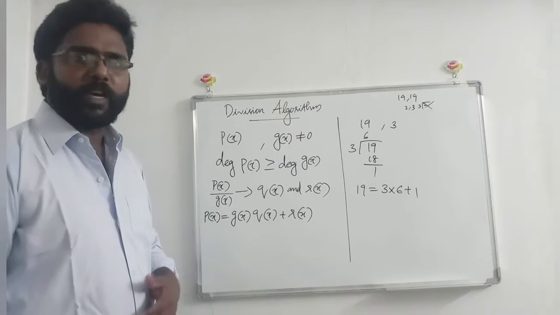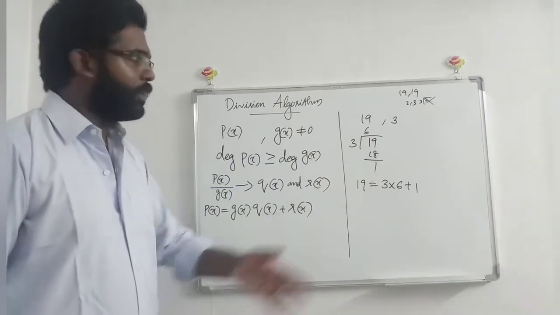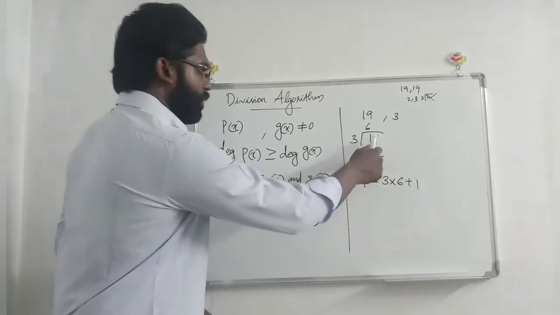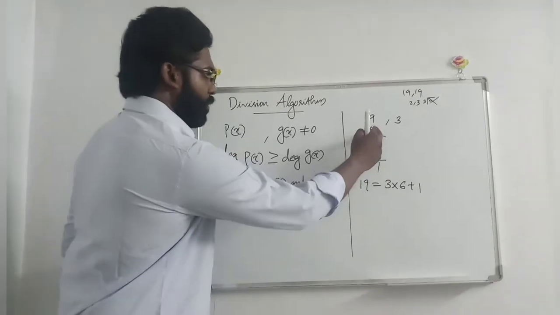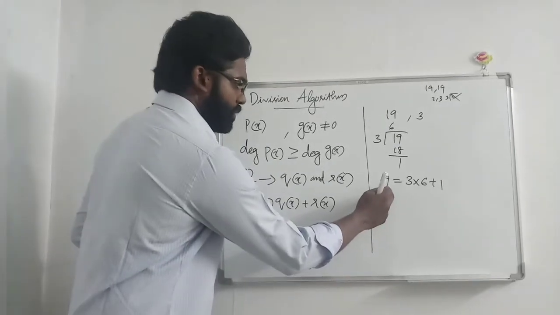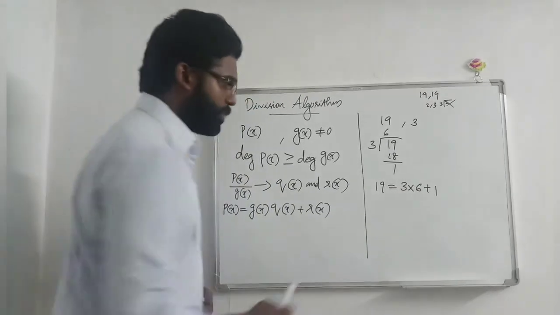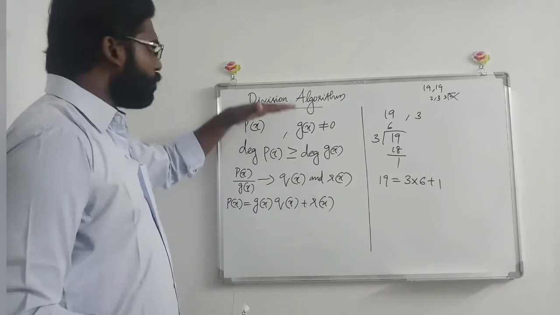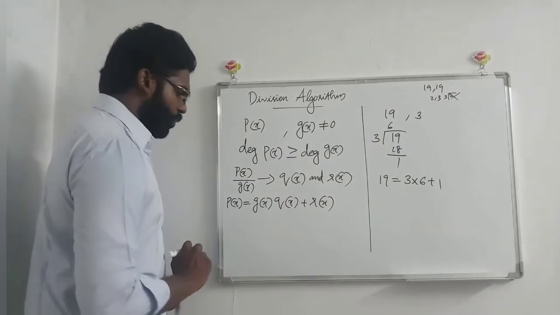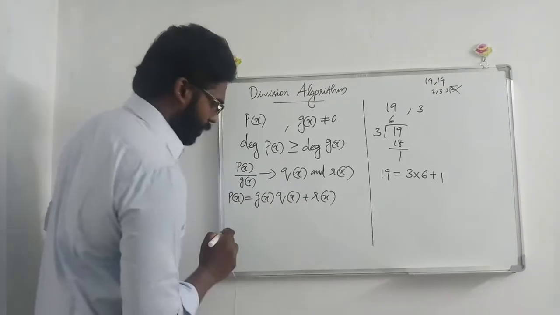You can easily understand from the numbers. Both are numbers, one number is greater than another one, not equal to 0. When we divide one number by another, you get a quotient and remainder. And you already know a number can be written as dividend equal to divisor into quotient plus remainder. In the same manner in polynomials. One important property on this remainder.